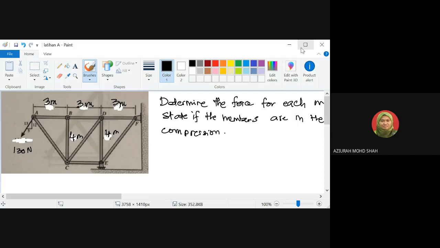If it is available, you have to give me which member that we consider it is a zero force member and then why, kenapa. So kalau kamu tengok kat sini kita ada satu truss lah. So ada tak zero force member? Kalau ada, di mana?